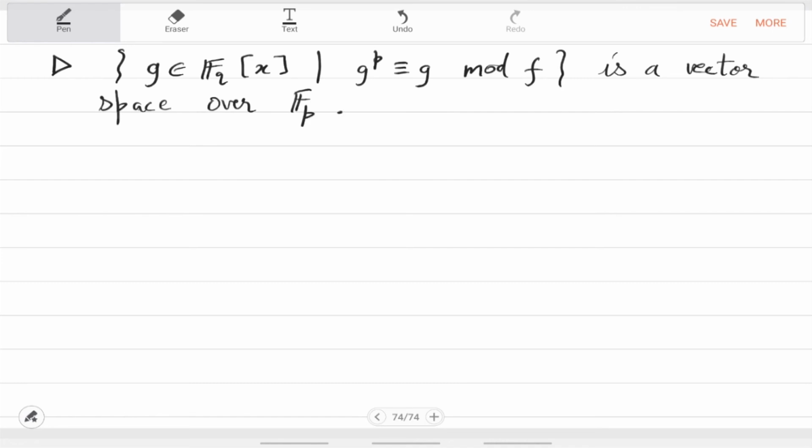So over this base field, this solution set is actually a vector space, because if you look at a solution g1 and a solution g2, and you take a combination c1, c2 in Fp, what is this raised to p? You know that p goes inside.